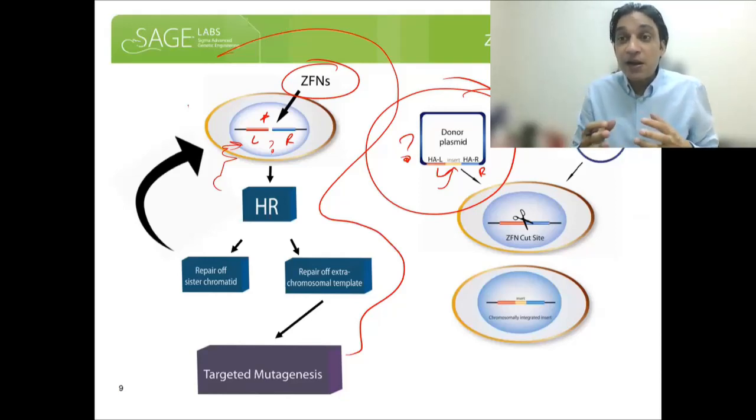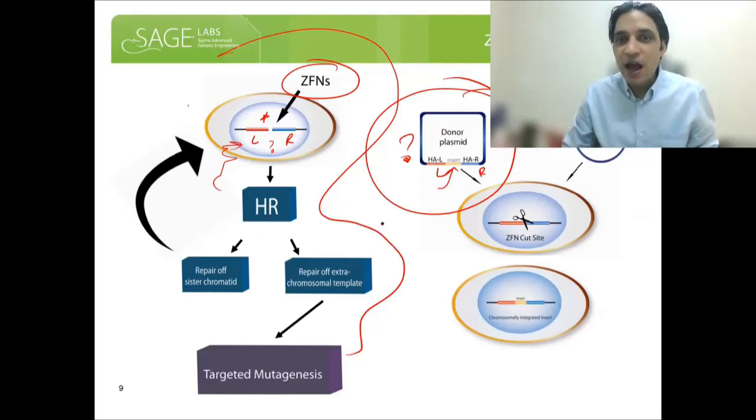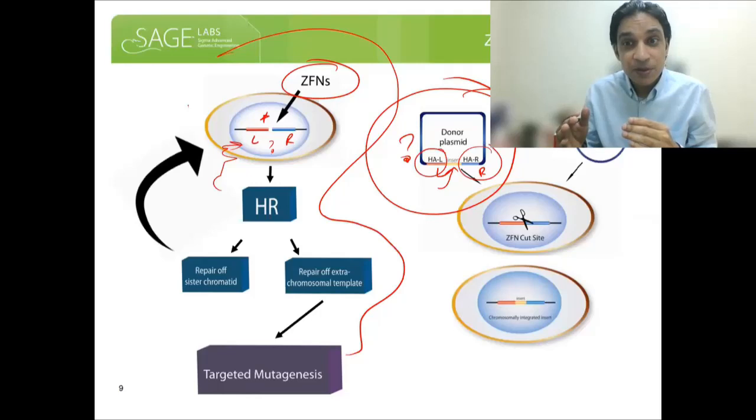The DNA repair mechanism will try to fix the double-stranded DNA break, and if a donor plasmid is there with similar sequences, L side as well as the R side, excellent information, excellent bait for the DNA repair mechanism.